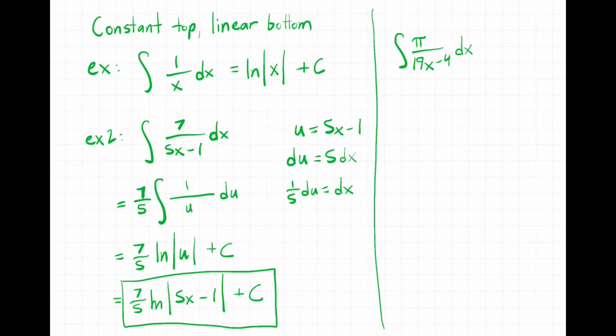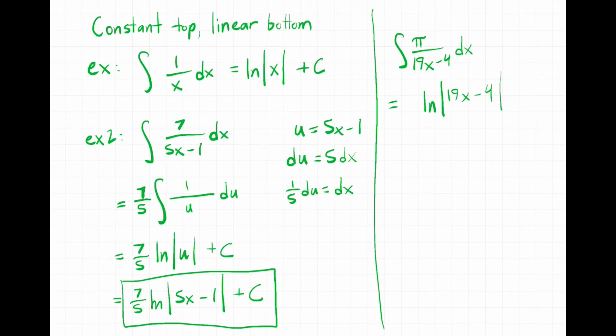Now, we could do a u sub here. The u would be 19x minus 4. And the only thing that would change about our answer is, well, let's just imagine that our 19x minus 4 is already the u. We have essentially 1 over that. The antiderivative is the natural log of the absolute value of 19x minus 4.